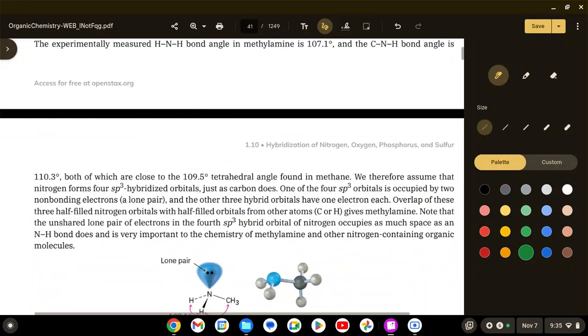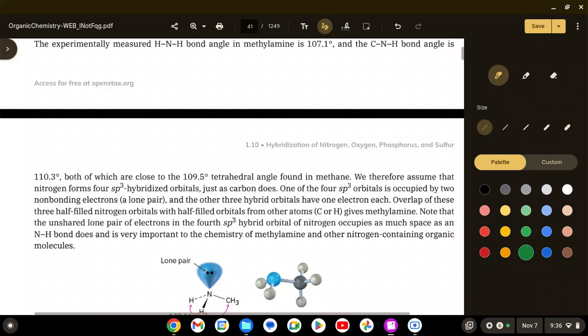We therefore assume that nitrogen forms 4 sp3 hybrid orbitals just as carbon does. One of the 4 sp3 orbitals is occupied by 2 non-bonding electrons, and the other 3 hybrid orbitals have 1 electron each. Overlap of these 3 half-filled nitrogen orbitals with half-filled orbitals from other atoms gives methylamine.